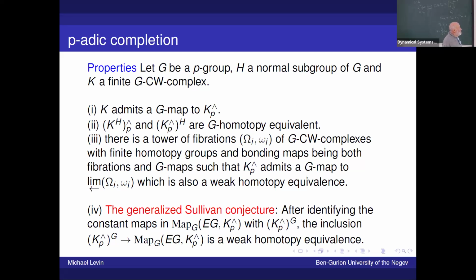Another property is that if we have a finite G-CW complex K, then there is a tower of fibrations, which I denote by Ω_i, with small ω_i the bonding maps.